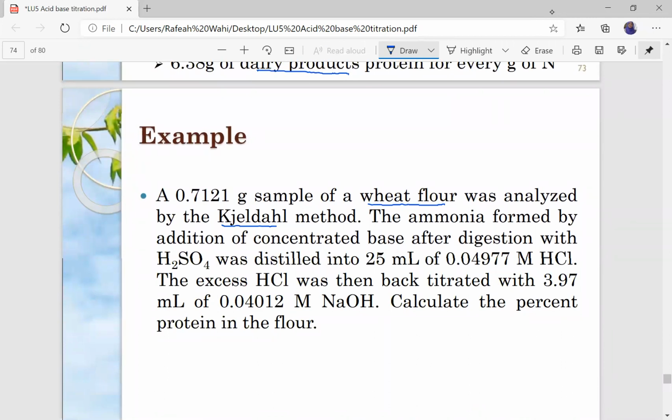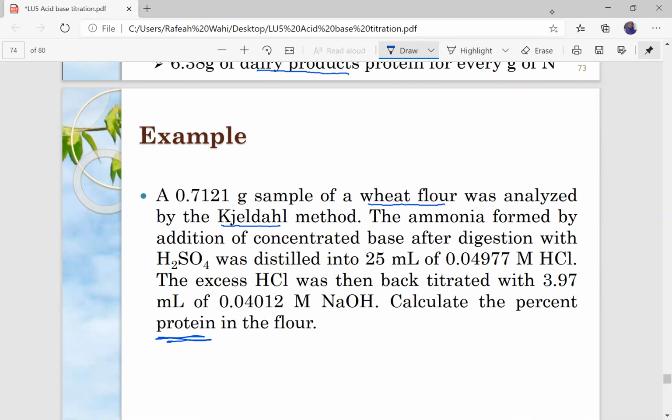What is the purpose of the Kjeldahl method? To determine the percent protein. Based on the method explained previously, the method is the same for all samples as long as it is named the Kjeldahl method.